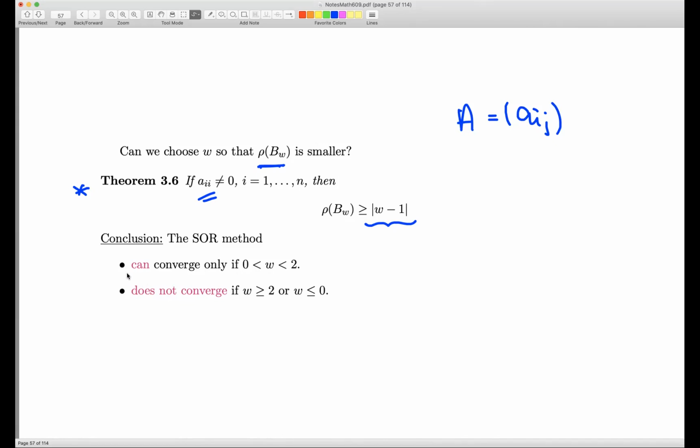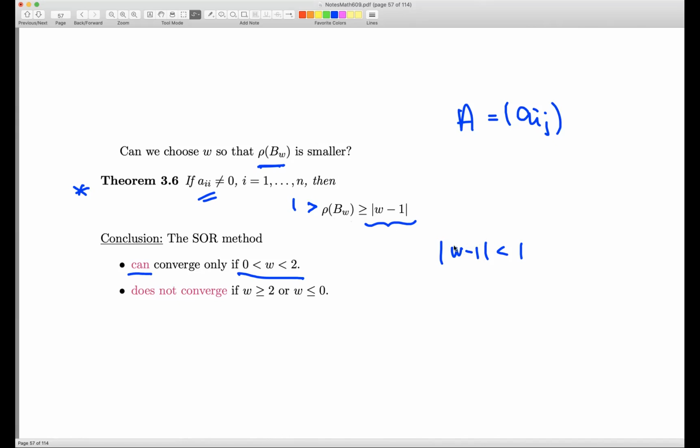So the SOR method can converge. It doesn't mean that it will converge if omega is between 0 and 2, but at least it has a chance to converge if omega is between 0 and 2, because if we put a restriction here for this to be less than 1, then we'll see here that the absolute value of omega minus 1 is less than 1, because we want the spectral radius to be less than 1 in order to have convergence.